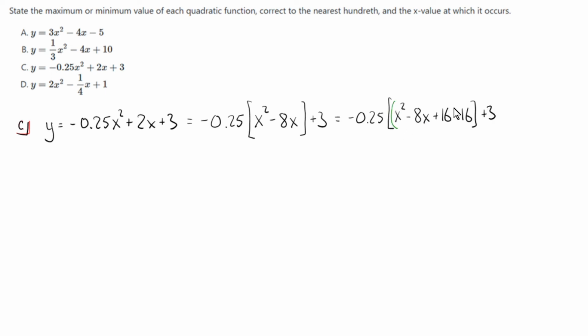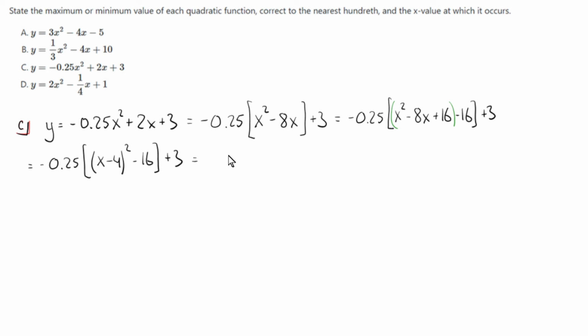Here is our perfect square trinomial. We can go ahead and factor that. So we're going to get negative 0.25, and if we factor the perfect square trinomial, we're going to get x minus 4 squared minus 16 plus 3. We bring the negative 0.25 back into the fold.